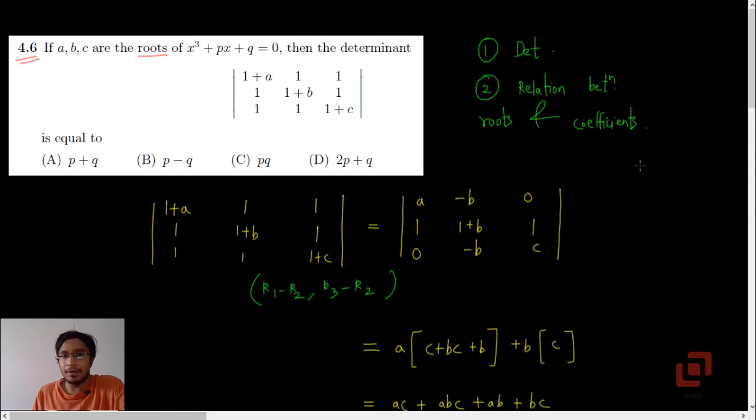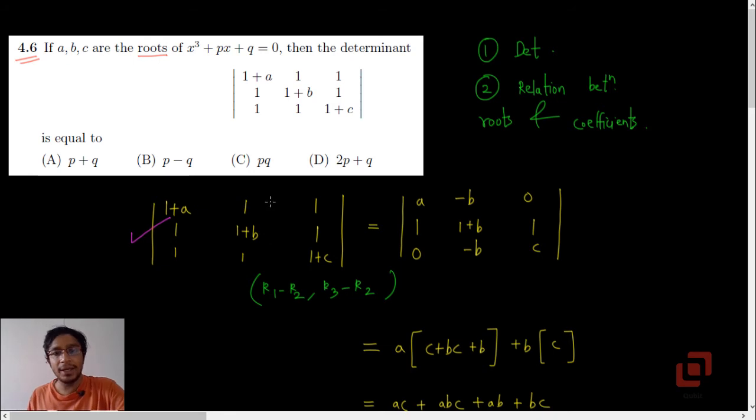We have ready-made formulas for them, for quadratic equation, for cubic equation, and in general for nth degree polynomial equation. So first what I have done is I have tried to simplify this determinant so that we will not be required to expand the whole determinant.